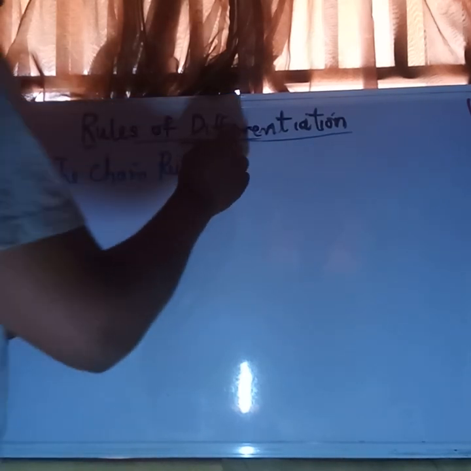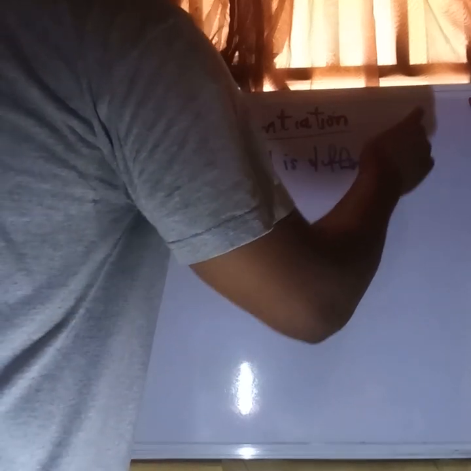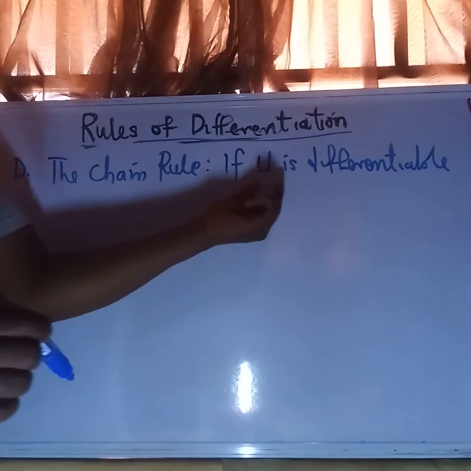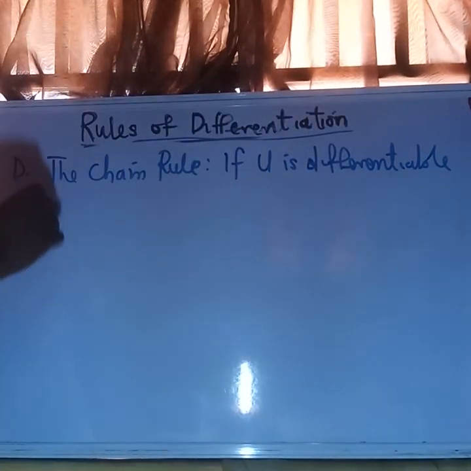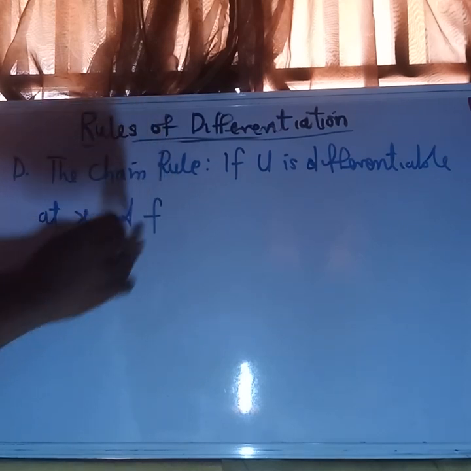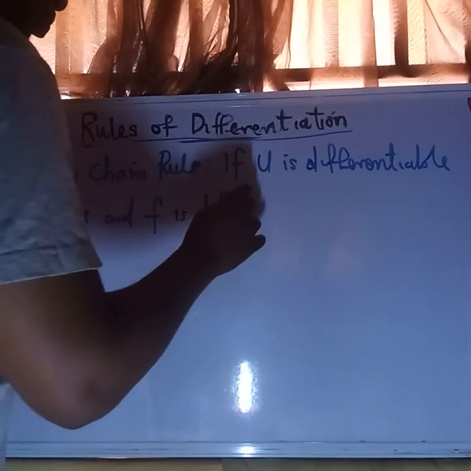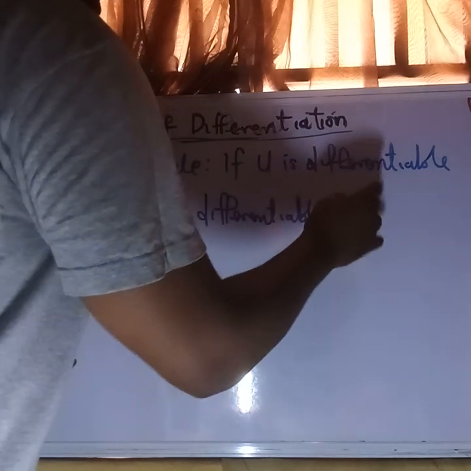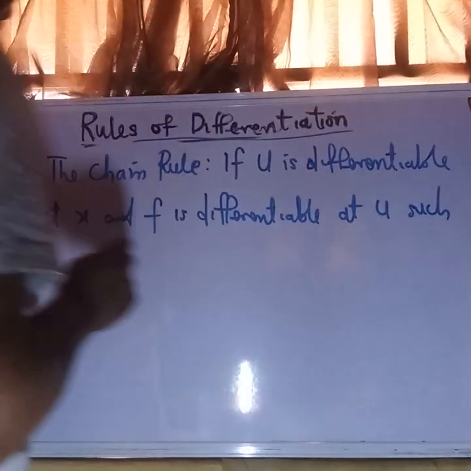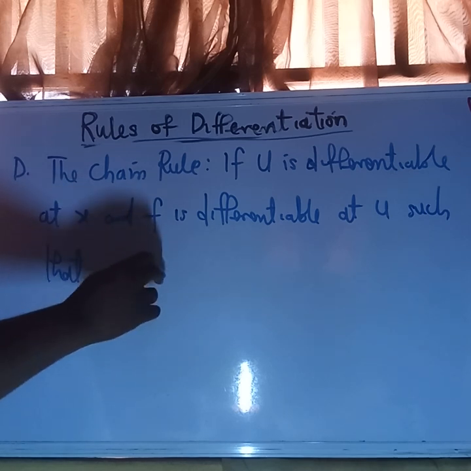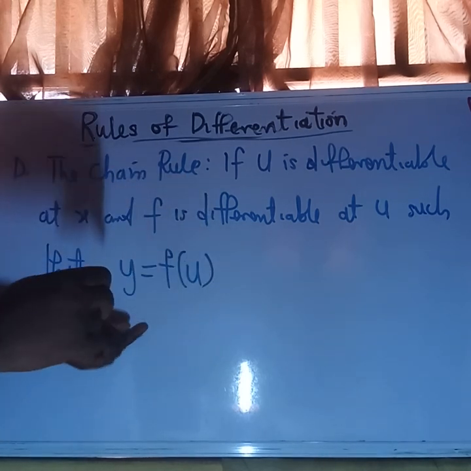So the chain rule now: if u is differentiable at x and f, which is an expression of u, is differentiable at u, such that there is a function y which is a composite function, and y is given as y equal to f of u.